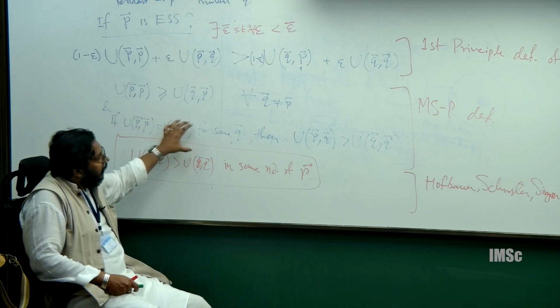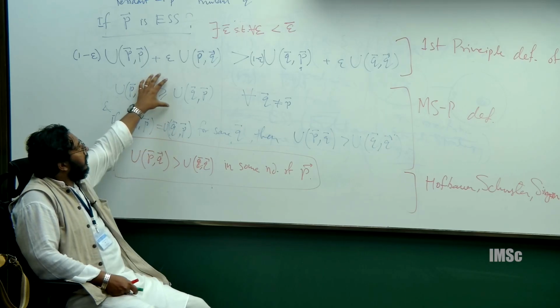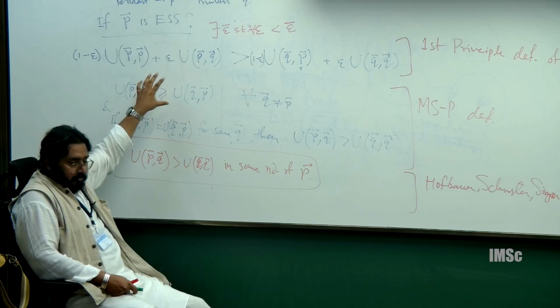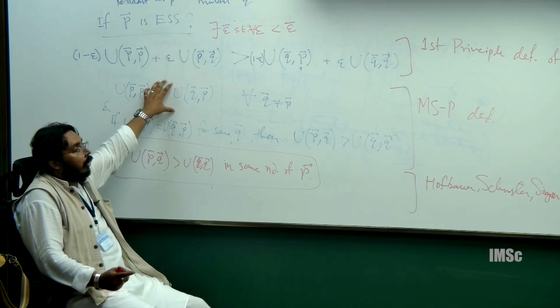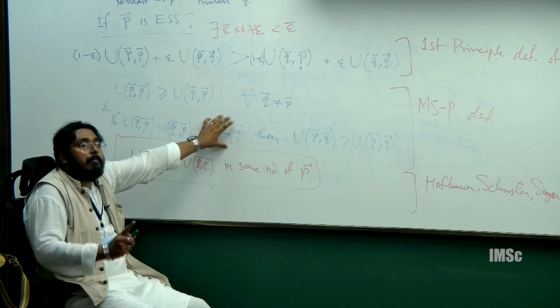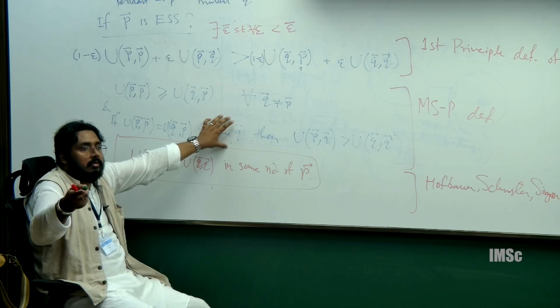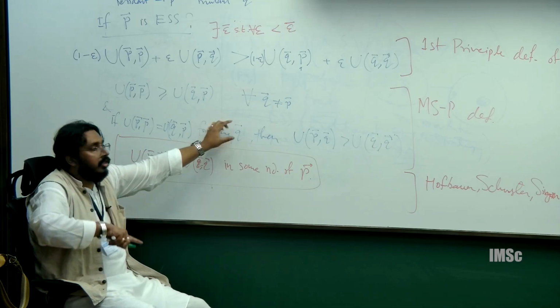But in addition, certain other things have to be satisfied. So ESS implies Nash, but not every Nash is going to imply ESS, because there is an extra condition.